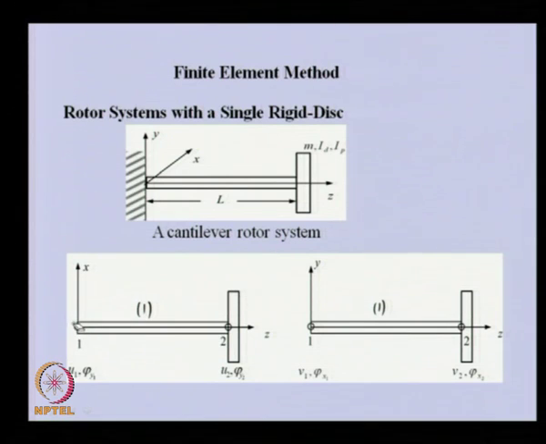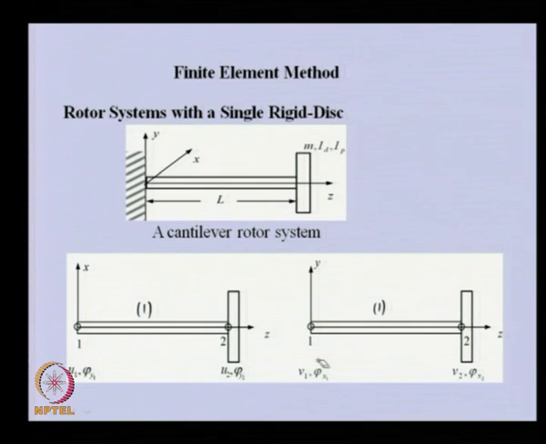and at each node there are 2 degrees of freedom. In this particular plane, which is the horizontal plane, there is a linear displacement and an angular displacement. Here also at node 2 there is a similar linear and angular displacement. In the vertical plane, that is the yz plane, we will have these two displacements, which will be different as compared to the horizontal plane.